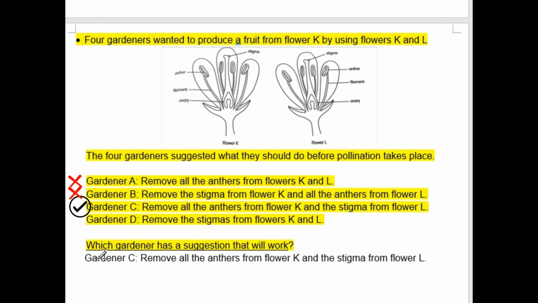Gardener C. Remove all the anthers from flower K and the stigma from flower L.